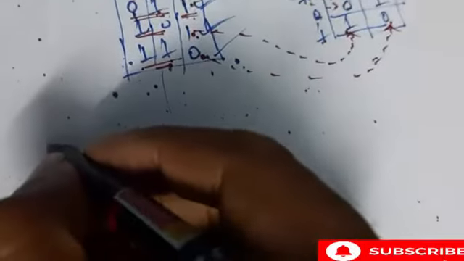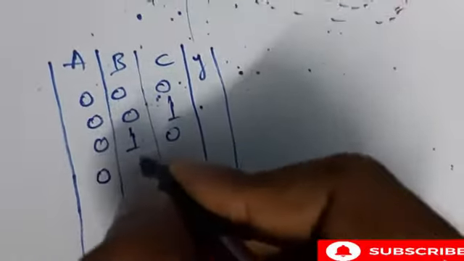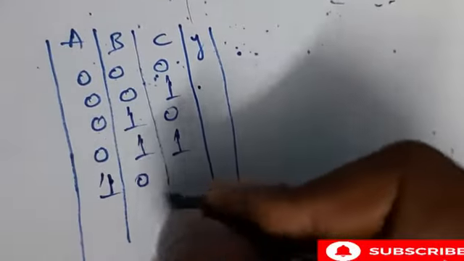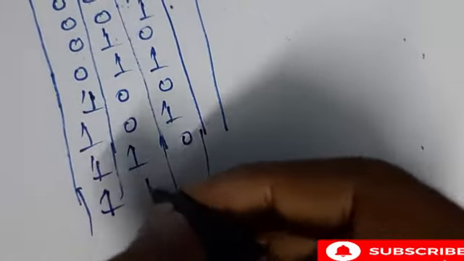Let's see another example. I'm randomly taking the values A, B, C, and output Y: 0 0 0, 0 0 1, 0 1 1, 0 1 0, 1 0 0, 1 0 1, 1 1 1, 1 1 0.